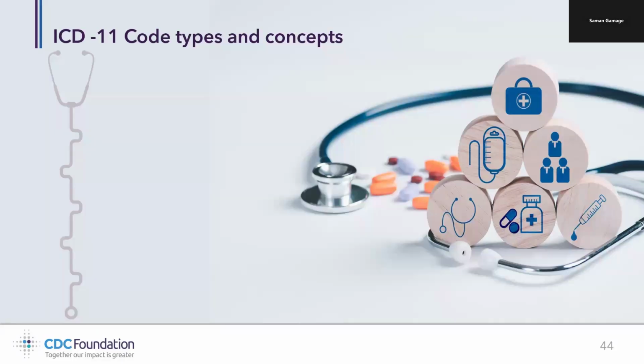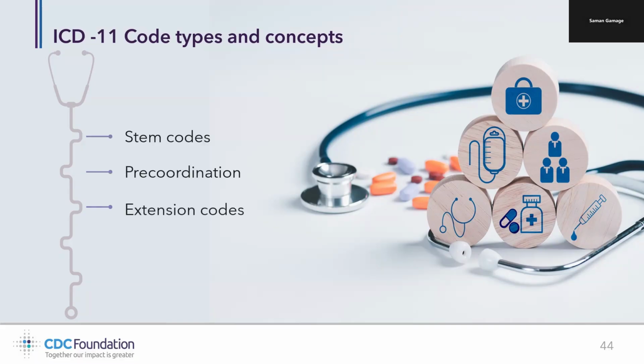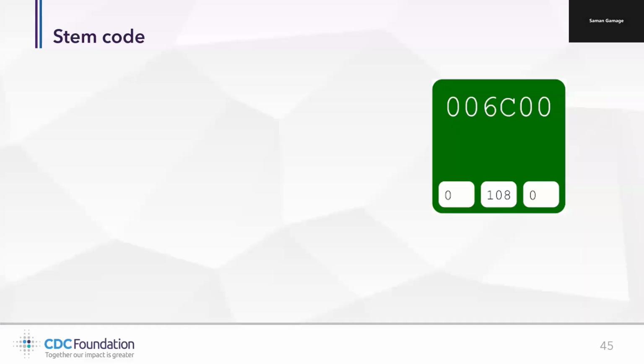Okay, let's discuss other ICD-11 code types and concepts. There are different code types and concepts. There are stem codes. There is a concept called pre-coordination. There is another concept called extension codes, post-coordination, and cluster coding. What do you mean by a stem code?